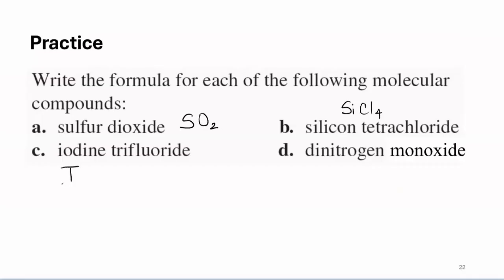The symbol for iodine is I. Fluoride, it says that there's tri, so that means 3. Last one, dinitrogen monoxide. That means that for my nitrogen, there are 2 of them because there's the prefix di. And then monoxide means that there's only 1 oxygen. And that's how we go from name to chemical formula for covalent compounds.